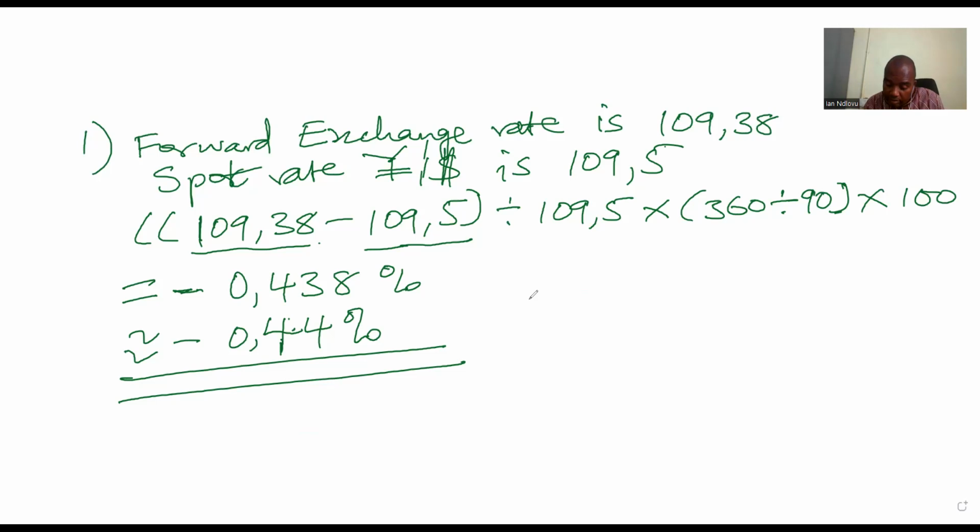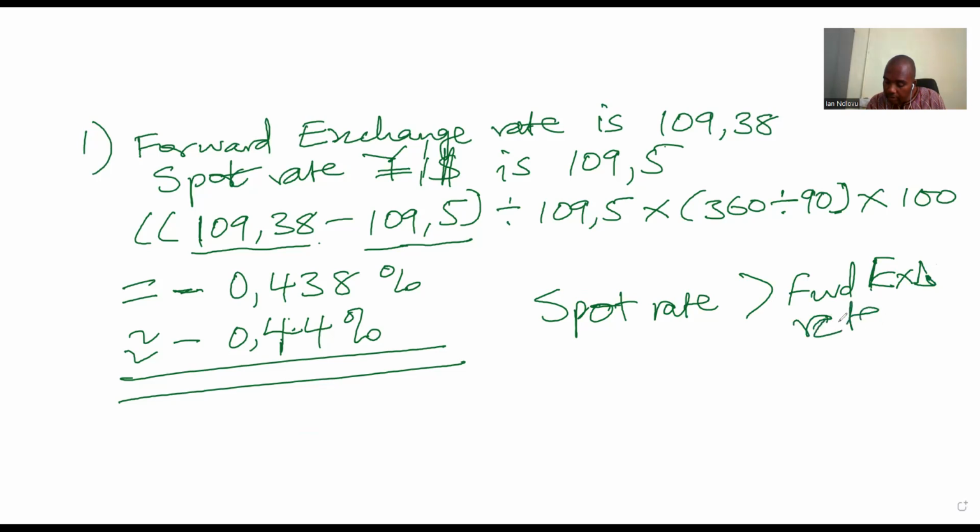So that's the scenario. The spot rate must be greater than the forward exchange rate for us to be talking of an annualized forward discount.